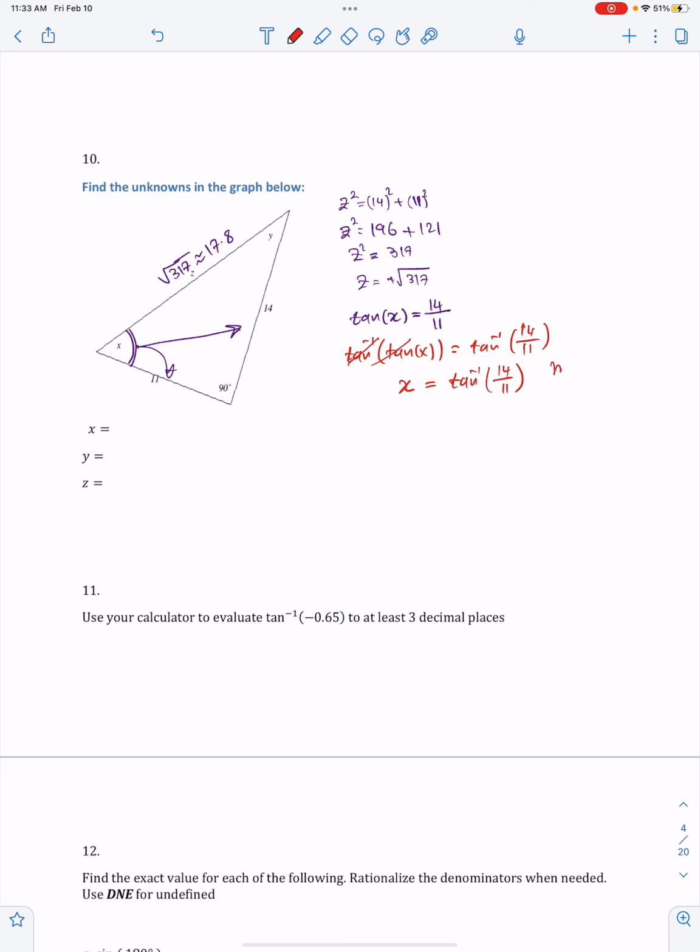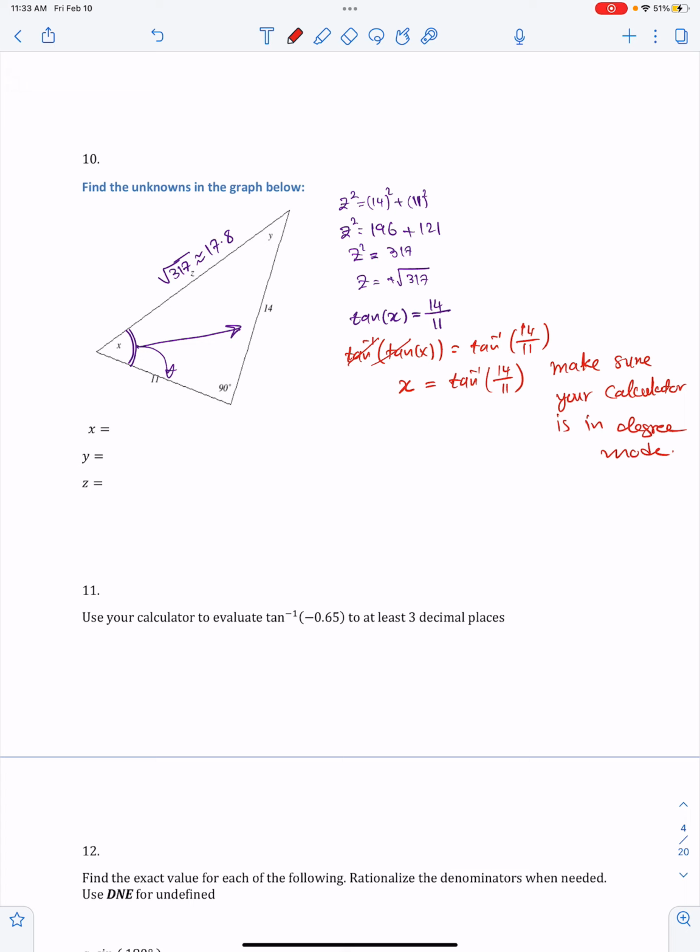Again, make sure you are in degree mode. Make sure your calculator is in degree mode. So we're going to go to mode, and we're going to scroll down and then to the right, and then click enter.